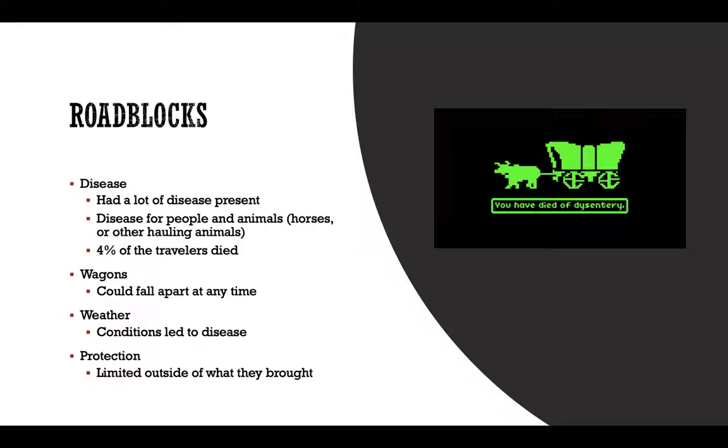When the animals would get sick, it was very crucial that they came to a stop, because if their horse or whatever was drawing their carriage came down with an illness, it was really hard to keep going because there weren't stops to buy animals or buy medicine. It was just a treacherous journey along the trail.